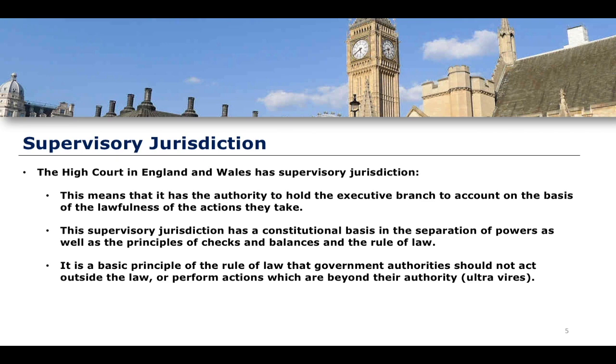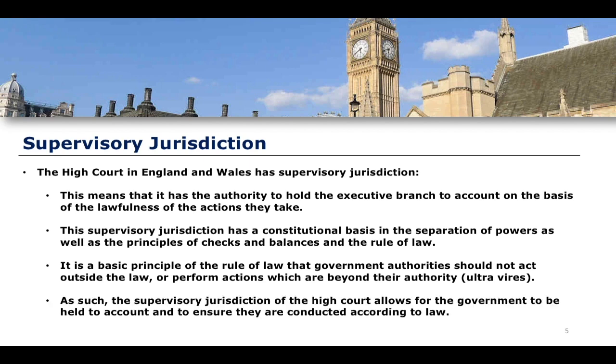So we're thinking about actions which may be beyond their authority, and this gives us the first basic principle of judicial review, which is known as the ultra vires doctrine. We'll talk about the ultra vires doctrine in future lessons, but fundamentally what ultra vires asks us to examine is whether or not a government department or a public body has acted beyond their authority.